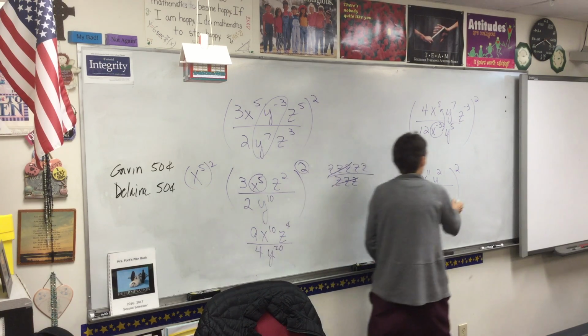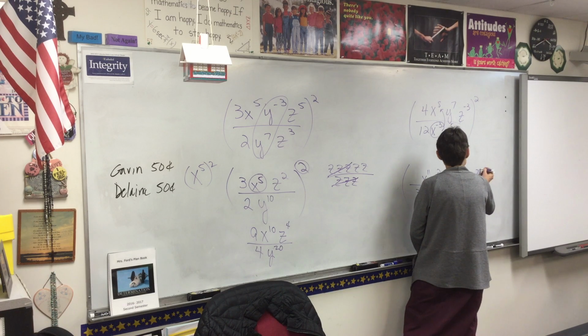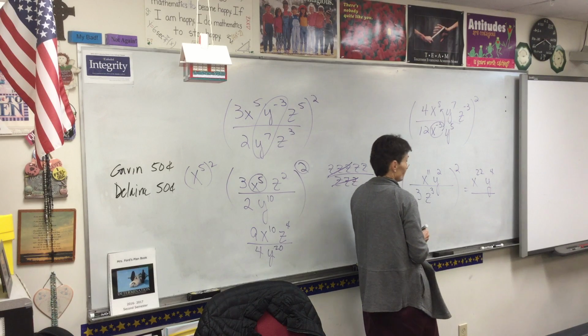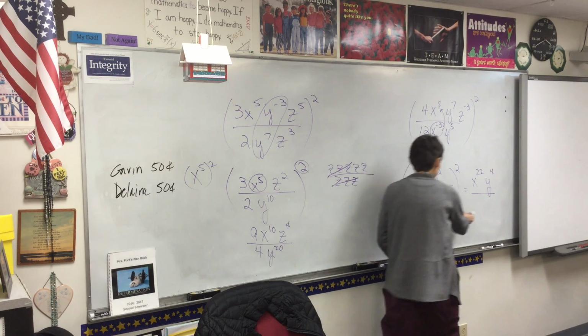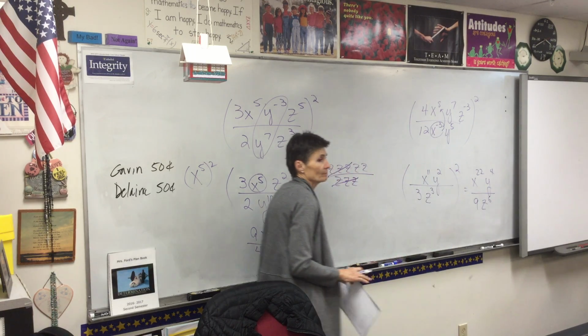All right, so what do we got? We're going to multiply those exponents. Here we go. X to the 22nd, y to the 4th. Watch it. 9, z to the 6. So there's your answer.